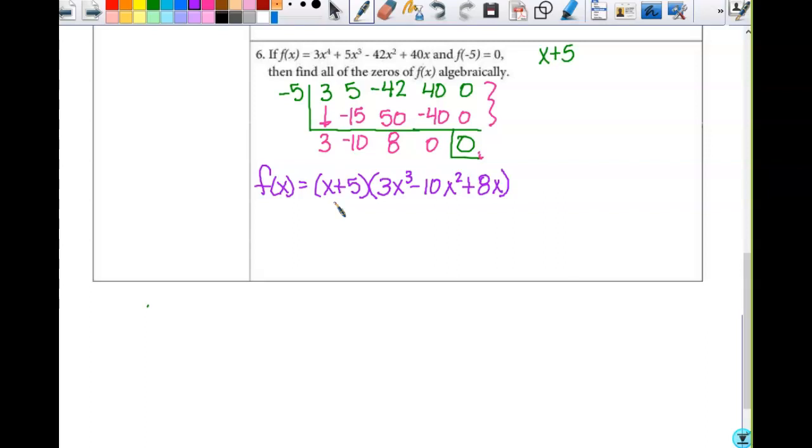Okay, so with all that said, from here, go ahead and factor it the rest of the way and find your zeros. Okay, I want the fully factored form and to have the zeros written out at the end.